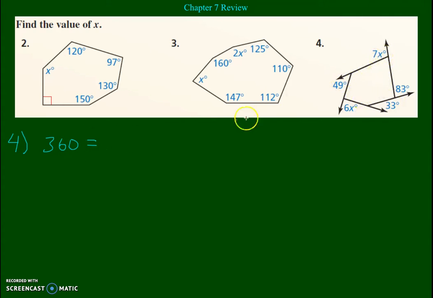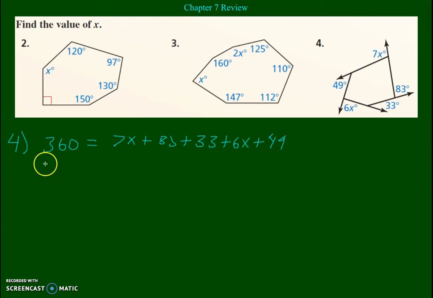So let's start with this one. So we have 7x plus 83 plus 33 plus 6x plus 49. Okay, let's add these together.